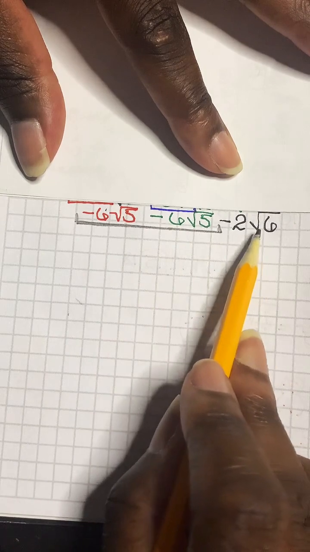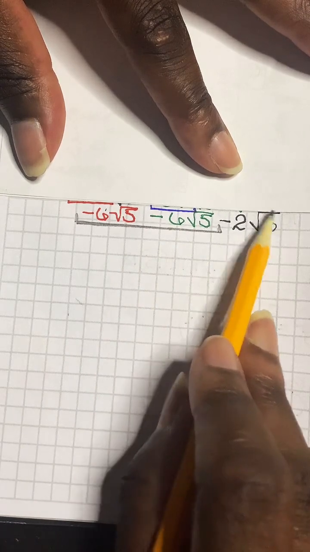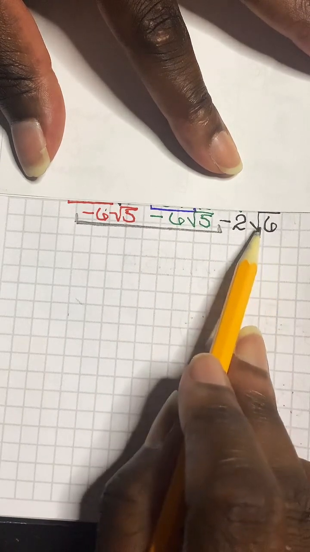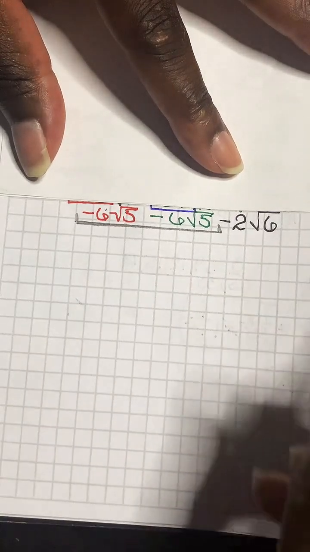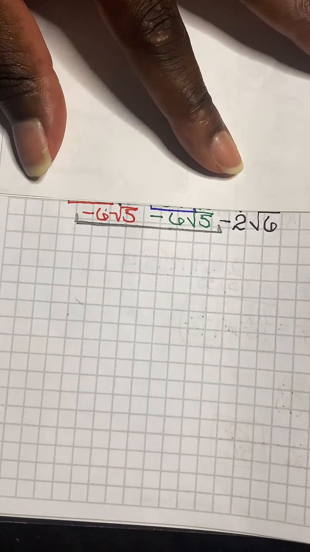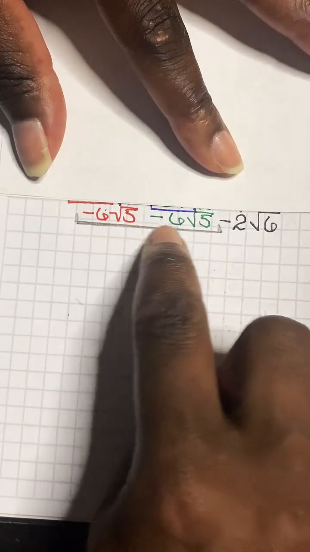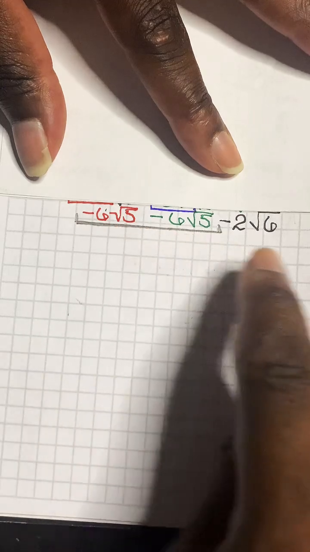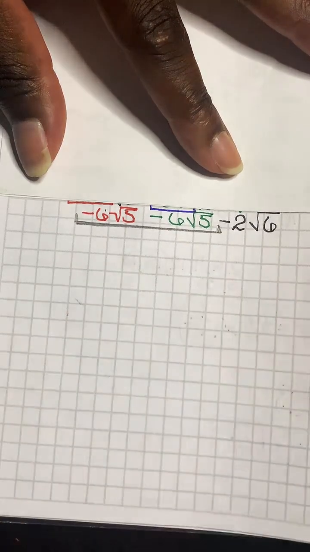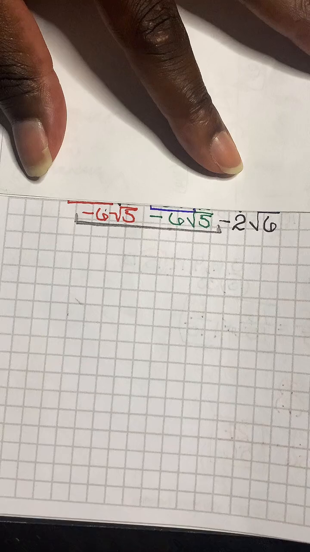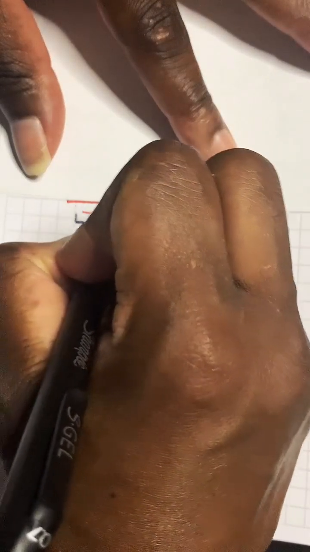I can't bring this to the party because this is a square root of 6. Okay? So it's almost like you're trying to go through some kind of party and everyone is all dressed up fancy and then you come in a bunny suit. What are you doing? Did you not read the invitation? Okay? Everyone's wearing black tie and here you come in a bunny suit. So we are going to combine these two.